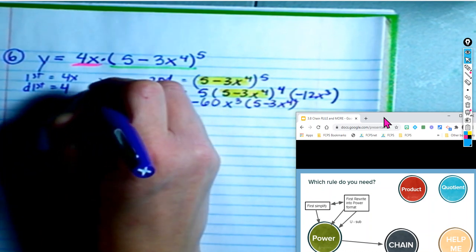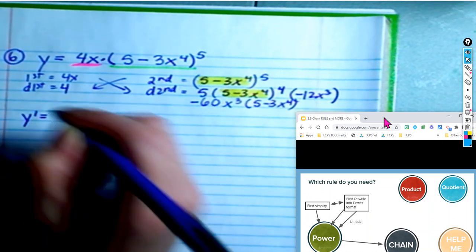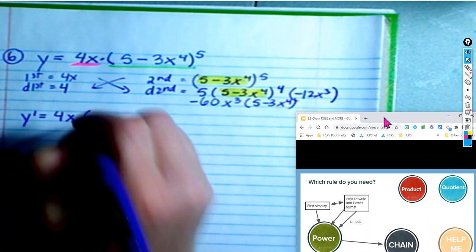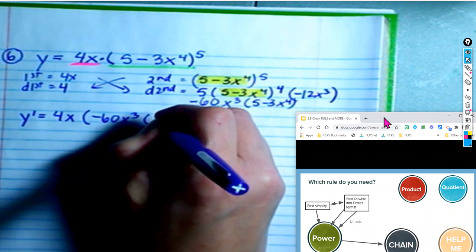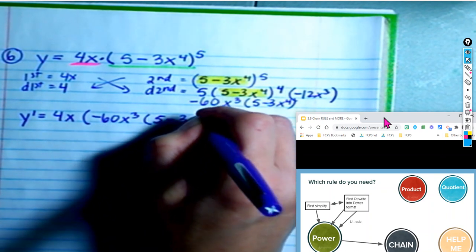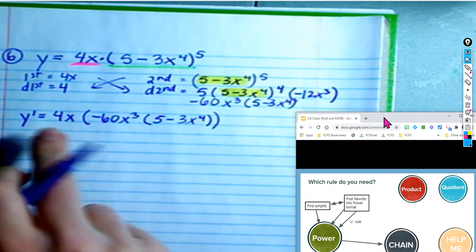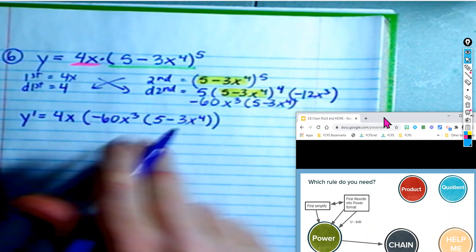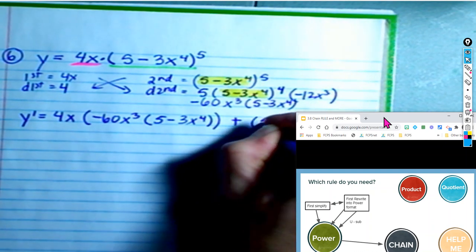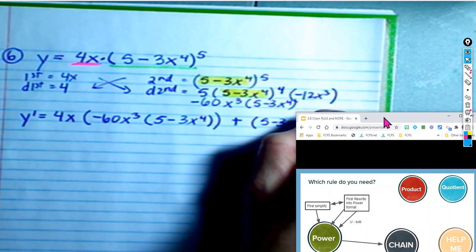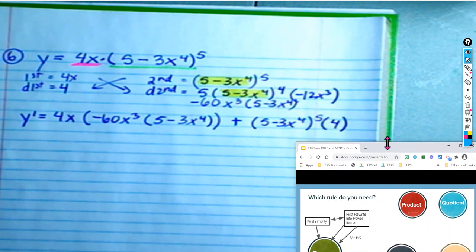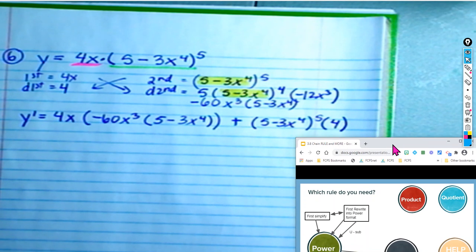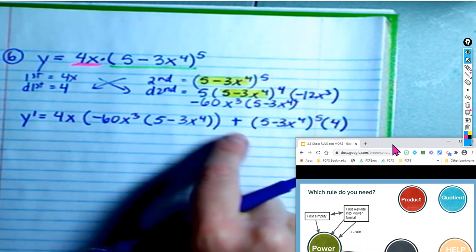Okay. Then I'm going to fill out my product rule. First derivative second plus second derivative first. And the only simplifying I'm going to do here is rearranging the grouping symbols and trying not to have extra grouping symbols.